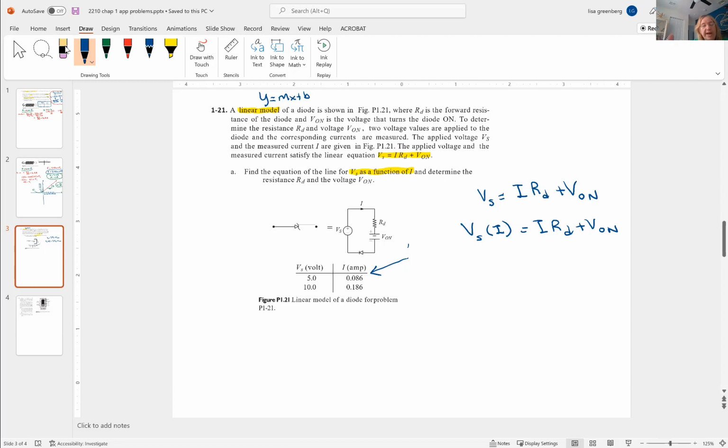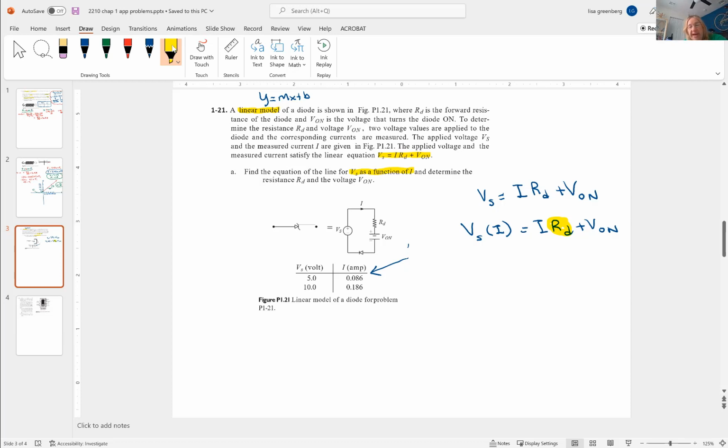So if I is our variable, and we have a linear equation, where is our slope? Our slope is always going to be right here next to the variable, right? y equals mx plus b.